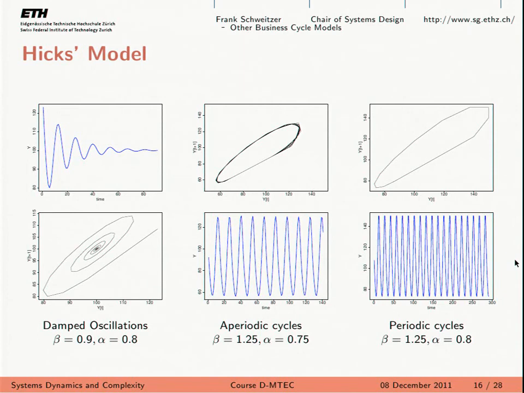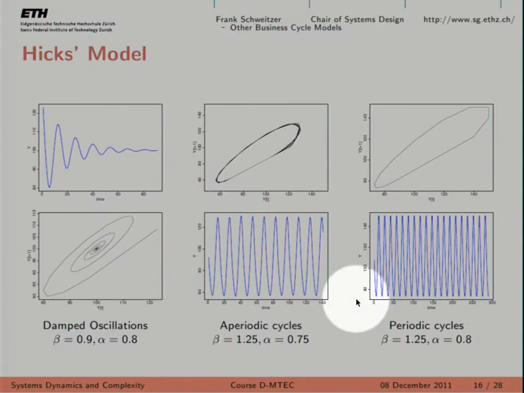If I wanted to be consistent, I would have put all these time graphs on top, but apparently I didn't want to be consistent. Anyway, this is the time development of the output. You can see it's damped oscillations. The corresponding phase plot, which is just y at time t versus y at time t minus 1, is eventually reaching this attracting point. These are the so-called quasi-periodic or aperiodic cycles.